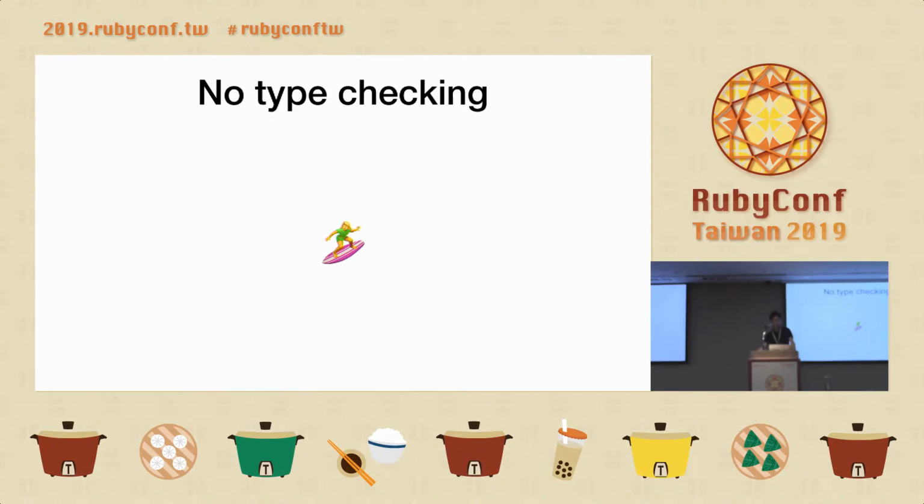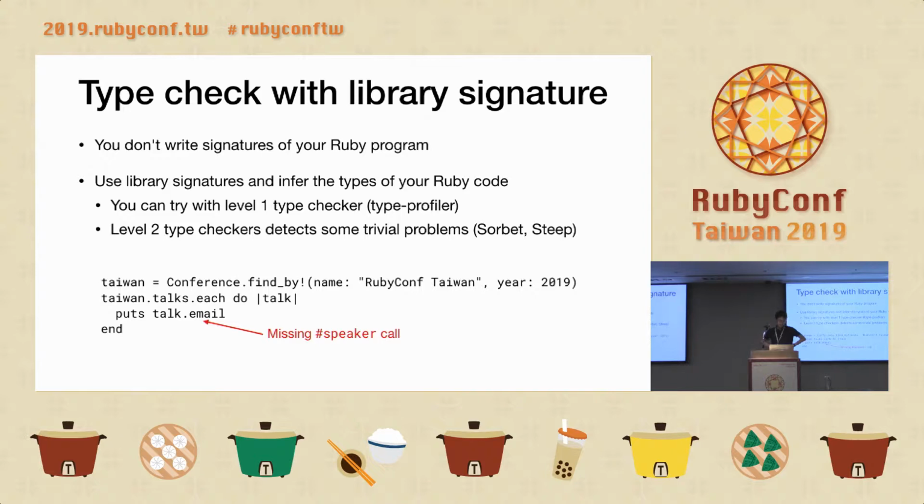The first one is no type checking, so I think I don't have to explain anything about this. The second option is to type check your program with library signatures. It means that you don't write the signatures of your Ruby program at all. You don't write the inline type annotations.